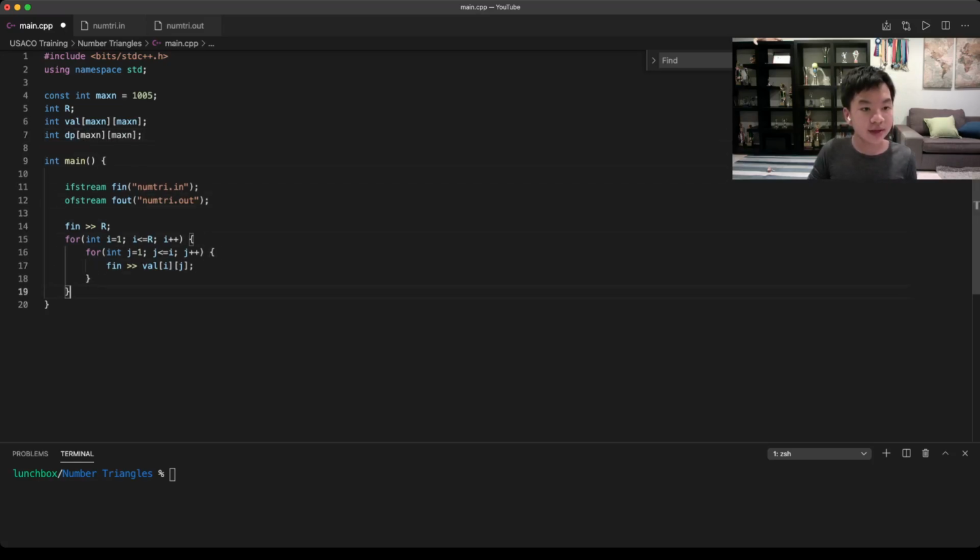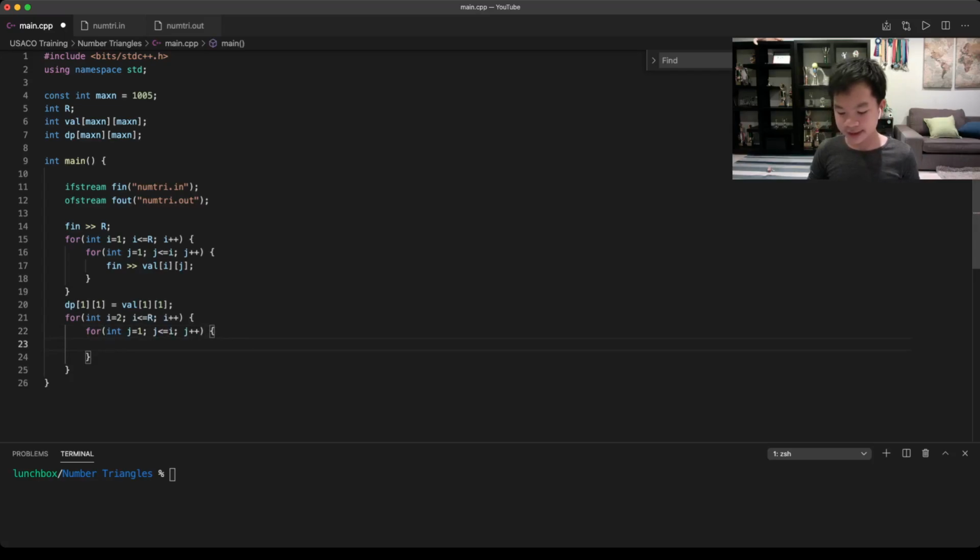Okay, so you know that dp of 1, 1 is always val 1, 1, since there's only one way to go from 1, 1 to 1, 1. Okay, so now we need to calculate our rows from i equals 2 to i equals R. Again, you will also do j equals 1.